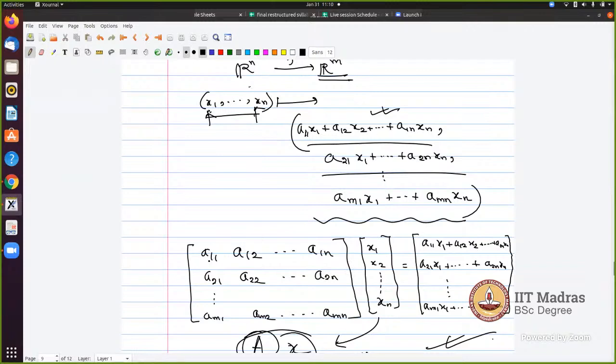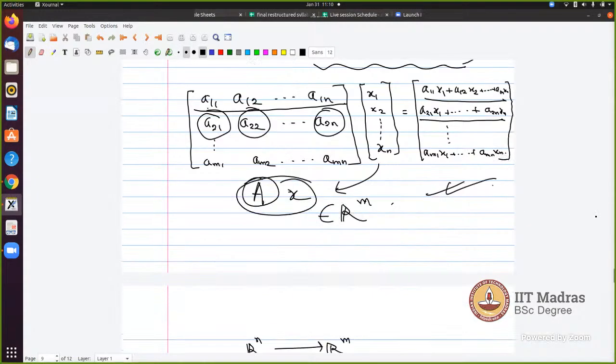So if I take this matrix, take the first coefficient of x1, second coefficient of x2, and the nth coefficient of xn and write it as a row. Multiply with this, I will get the first coordinate. Similarly, a21, a22, and then a2n. Take the multiplication with x1 to xn, I will get the second coordinate. Is it clear? Yes, sir.